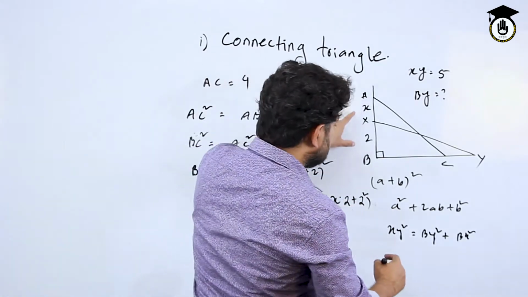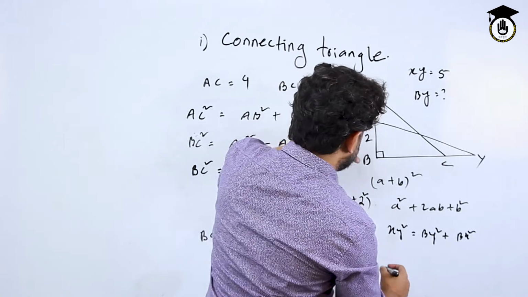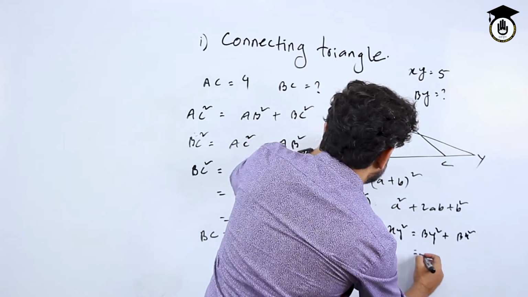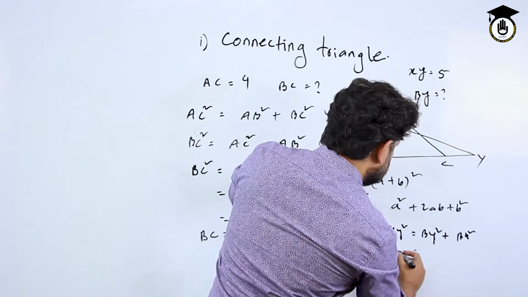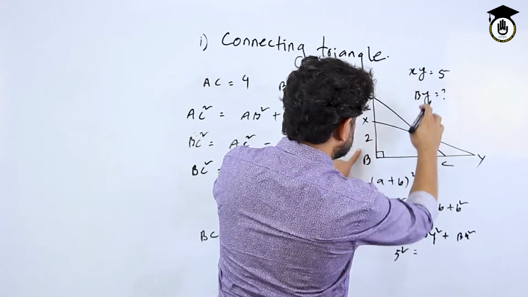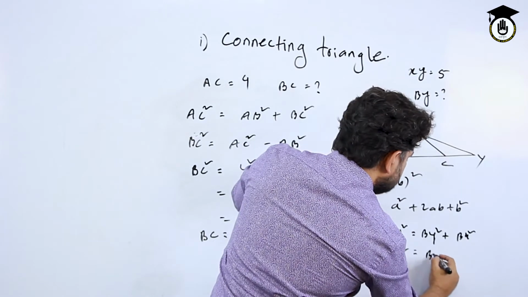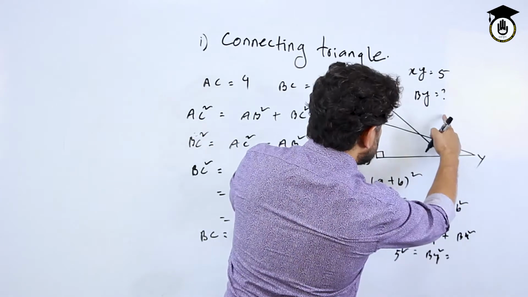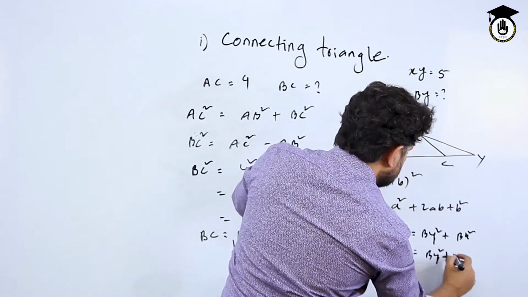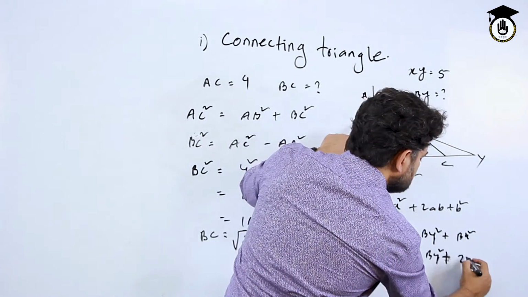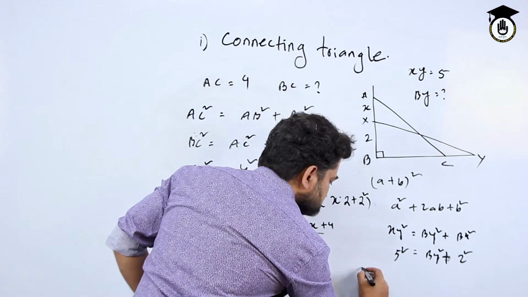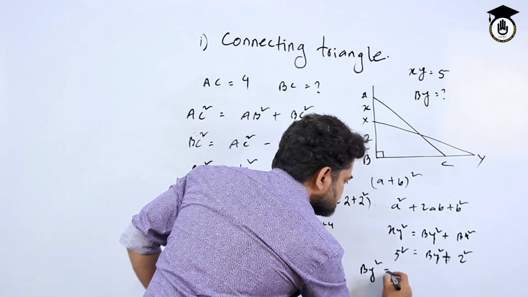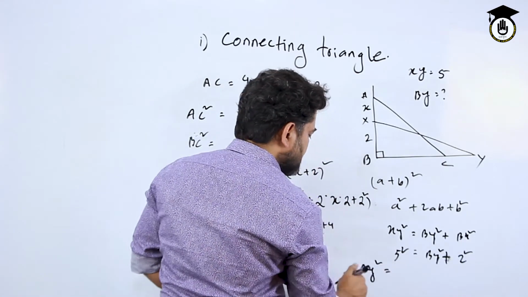So to find BY, we can give XY as 5 squared, as it's given here, XY equals 5, and BY squared, which we do not know and need to find out, and BX I can consider here as 2, from the diagram. So it's coming BY squared equals 25 minus 4.